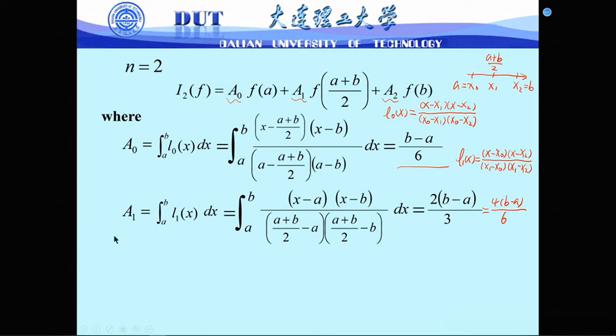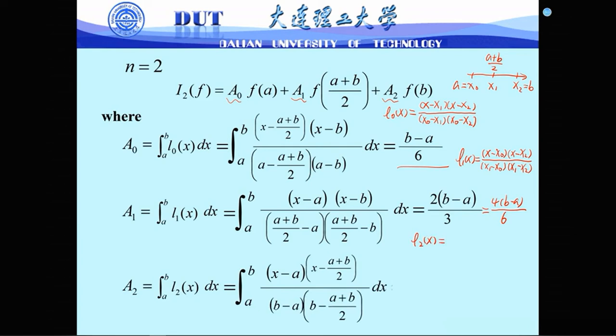Okay? And also a2. a2 is the integral of L2, right? So what is L2? Okay, practice again. Index is 2, so the numerator should be x minus x0 multiplied by x minus x1, right? And replace x by x2, so x2 minus x0, x2 minus x1, right? Now you see, x0 is a, x1 is (a plus b) over 2, then x2 is b, so b minus (a plus b) over 2, right?